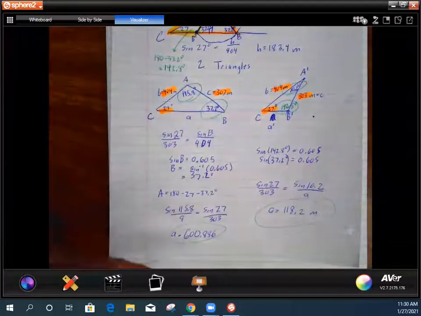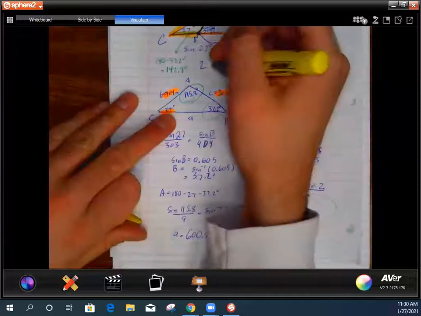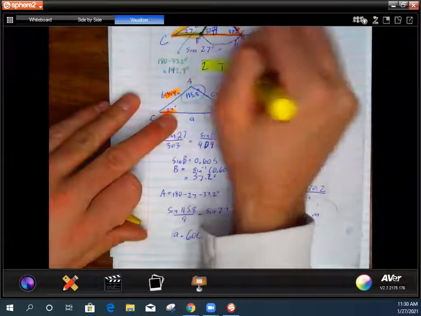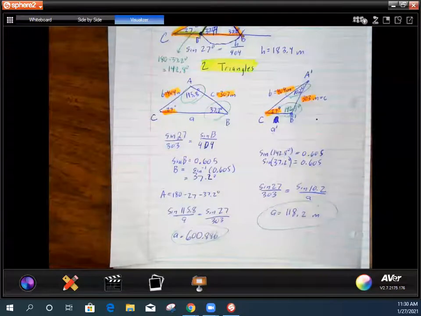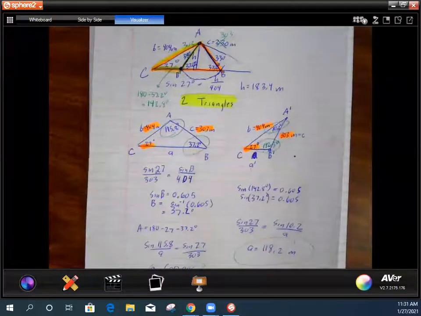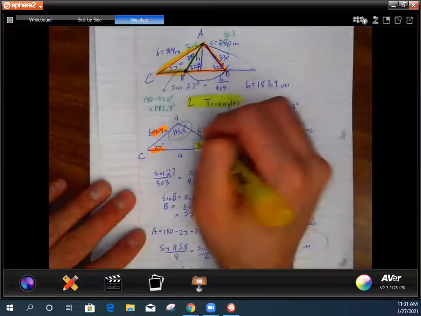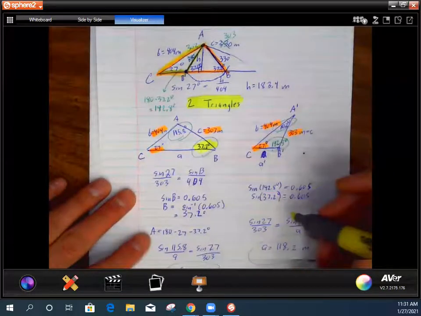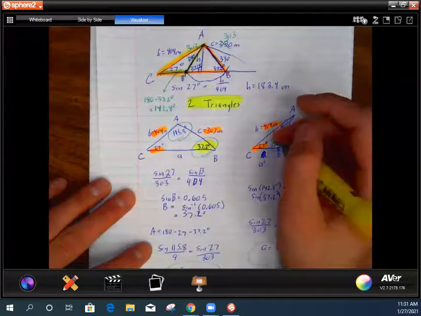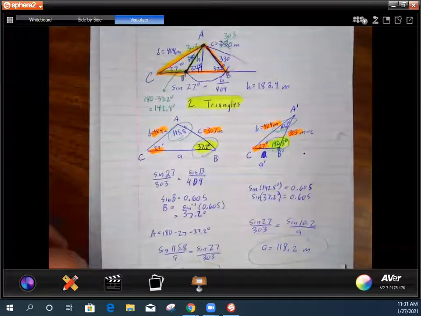So the two main steps here is knowing that there are two triangles. If you could figure that out, I would think the only other new thing you have to know that adds on to the law of sines, because everything else is just law of sines, is when you find that first angle, know that in your second triangle, that same angle with the same letter is going to be supplementary to it.